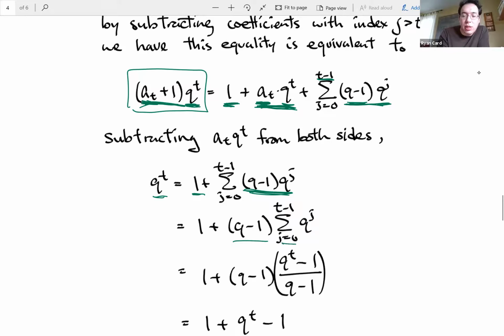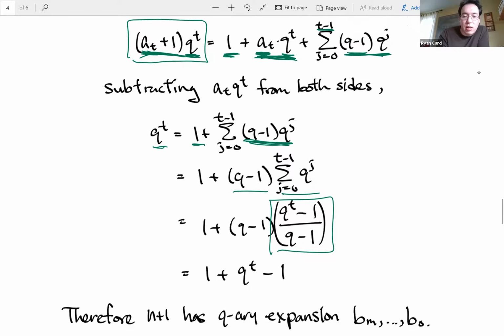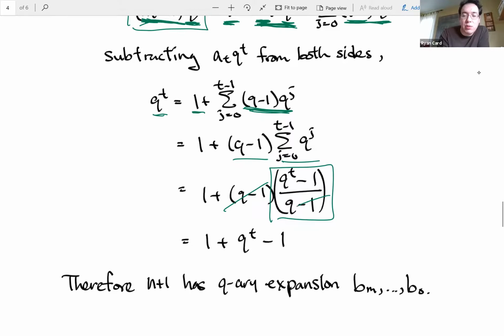We're going to use the homework problem to rewrite that summation as this quotient. Again, q minus 1 is going to cancel out. We're left with q to the t minus 1. The 1 here and minus 1 there cancel out. And we just checked that they are indeed equal to each other.